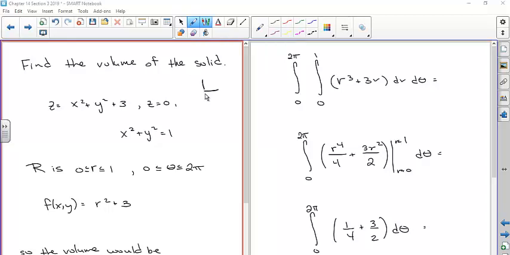Let's see if I can draw a picture of this solid. So here's x, here's y, here's z. The paraboloid starts at z equals 3 and goes up. Then you draw the circle in the xy plane.